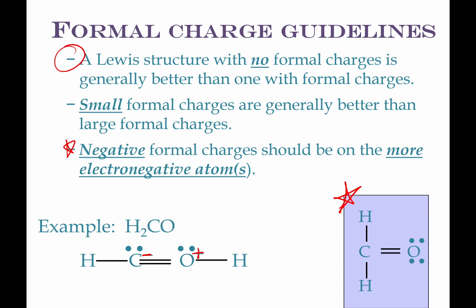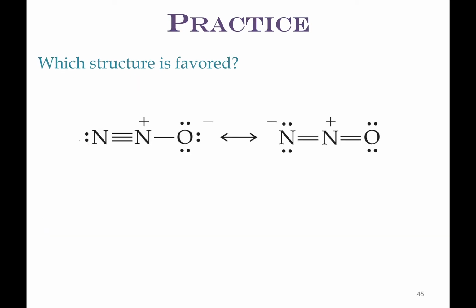So you're going to need to know these three rules and be able to understand how to apply them and see which structure is going to be best. So which of these two structures would be favored? Here we have nitrogen. We have to calculate the formal charge. Well, they're actually already calculated for you. Nitrogen is +1 because it has 1, 2, 3, 4 bonds and it wants 3.